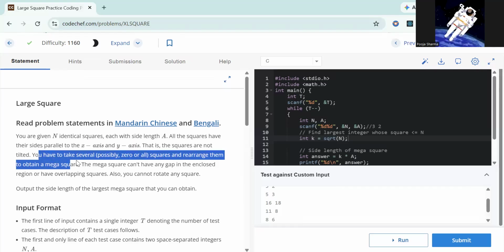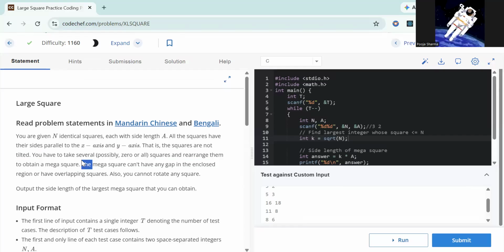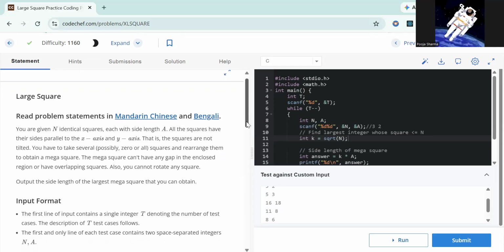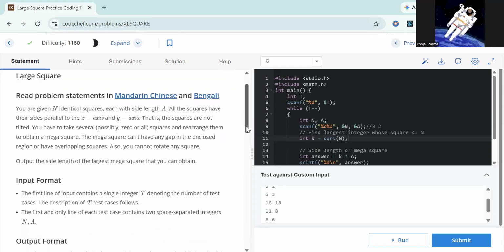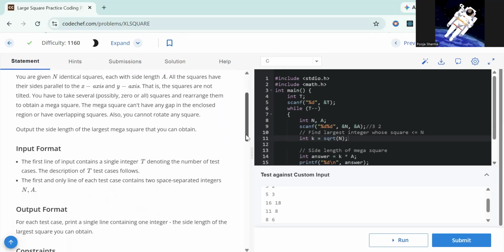You have to take several squares and rearrange them to obtain a mega square. The mega square cannot have any gap in the enclosed region or have overlapping squares. Also, you cannot rotate any square. The output is the side length of the largest mega square that can be obtained.